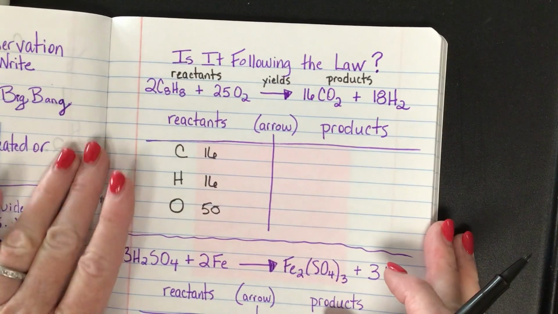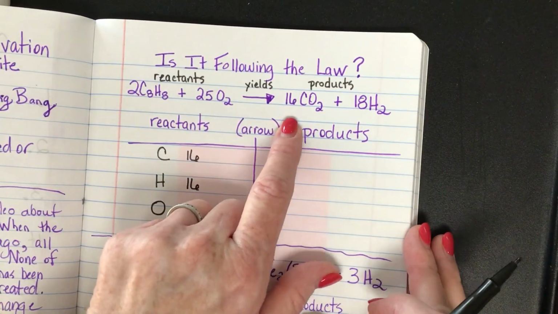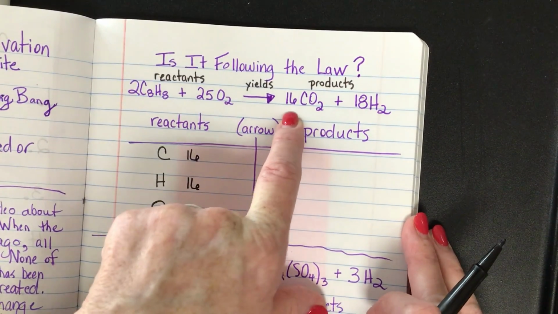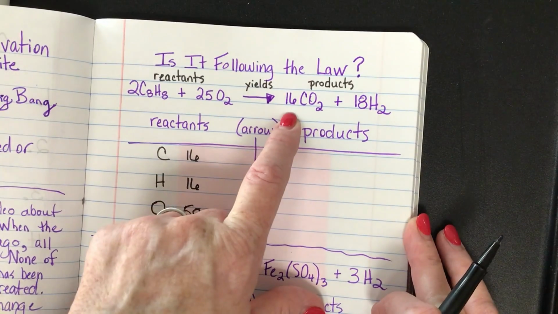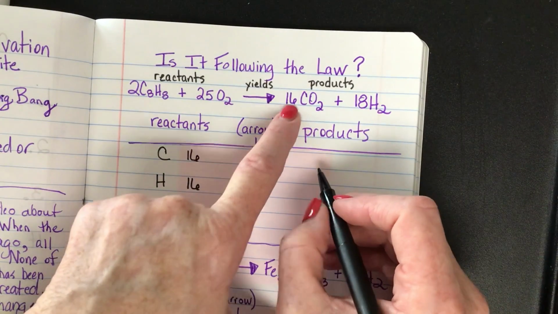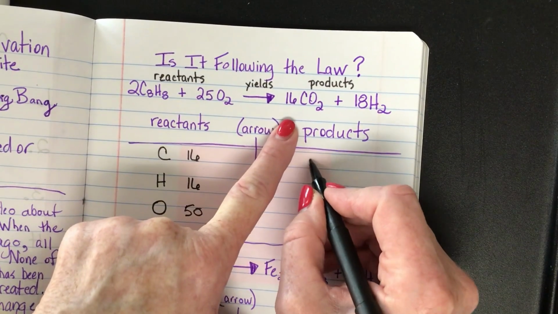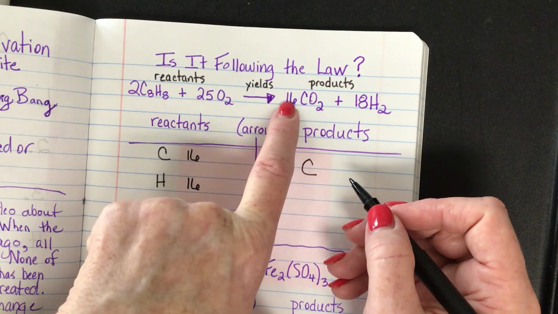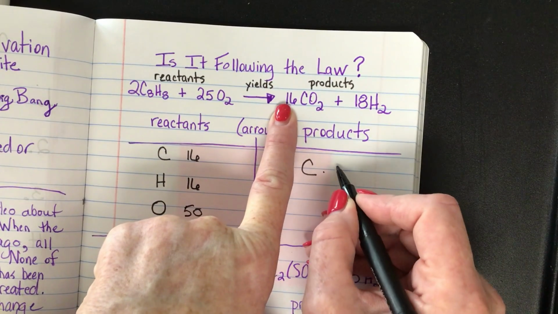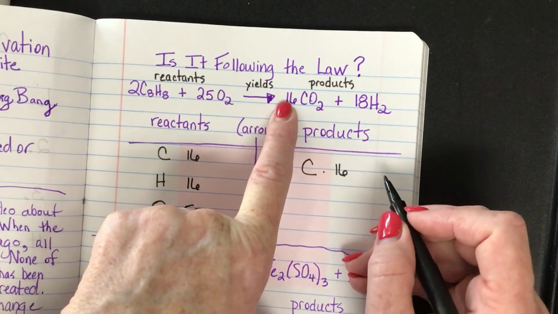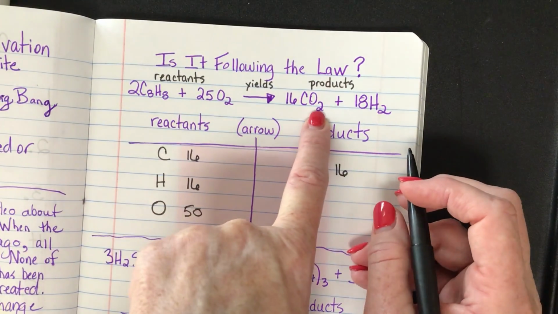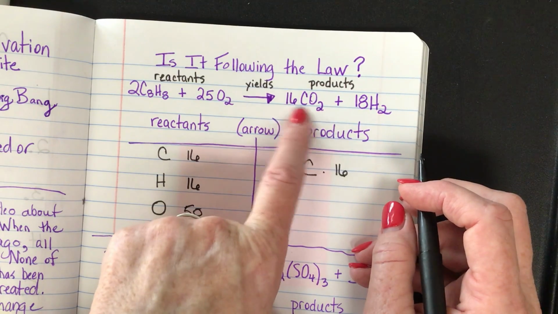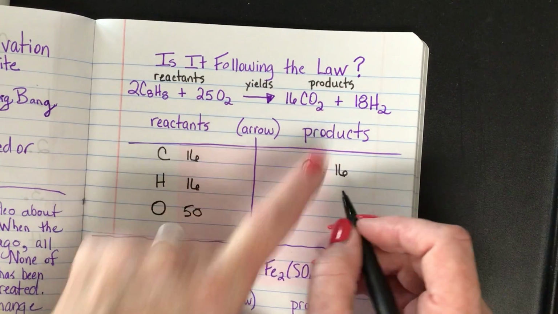Now we're going to go over here, and how many molecules of CO2 do we have? 16. Okay, good. We have 16. We have 1 carbon, correct? Times 16 gives us 16 carbons. We're going to scoot over. 2 oxygens, 2 times 16, 32.